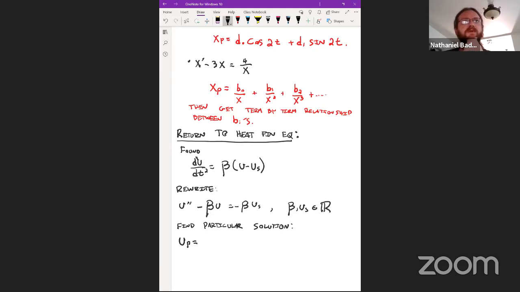I think beta is fixed to be greater than 0 here. I can go back and look at what exactly beta was. Beta is a whole mess of constants. I think it's 2 times the heat constant over k times b plus w, so it should always be positive.